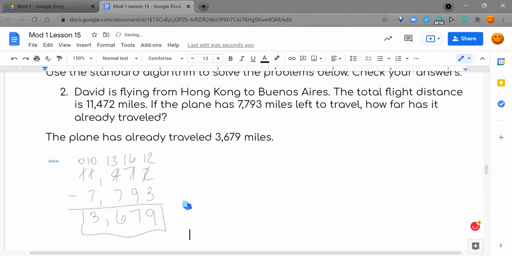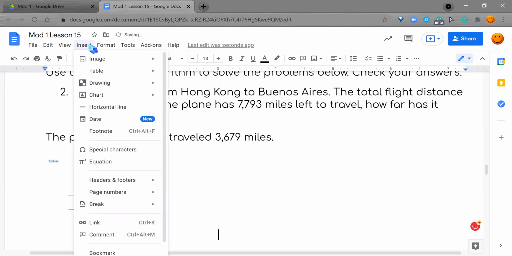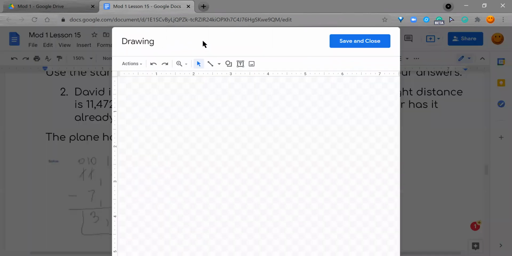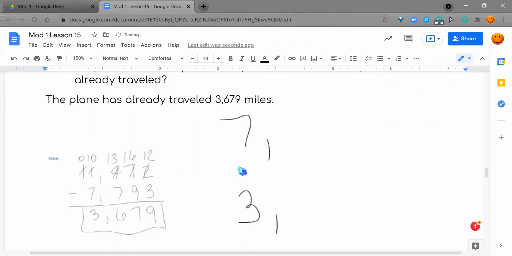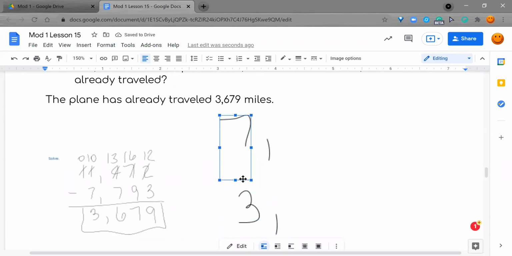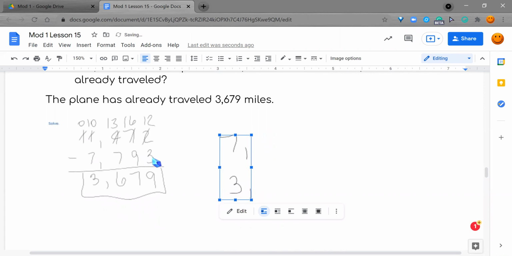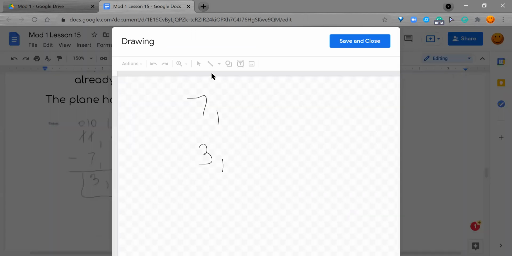Now, it also says I need to check my answers. So what I'm going to do is I'm just going to hit the tab a couple times. I'm going to insert drawing, and I'm going to hit new. Okay, I'm going to scribble. I know I have 7,000 and 3,000. I don't remember my numbers, you guys, but that's okay because I can hit save and make it a little bit smaller, which is fine. 793.